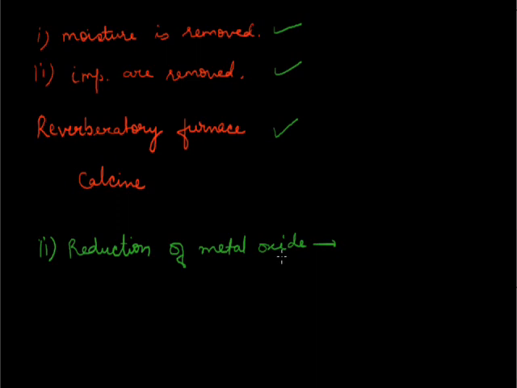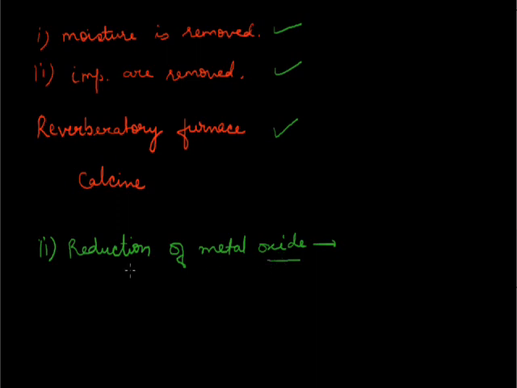That is, what is the need to convert carbonate or sulfide or whatever ore first into oxide and then reduce it? Because it is easier to reduce metal oxides rather than carbonates or sulfides. So it has become an essential step in metallurgy that the ore has to be converted into oxide because reduction of the oxide is comparatively easier.